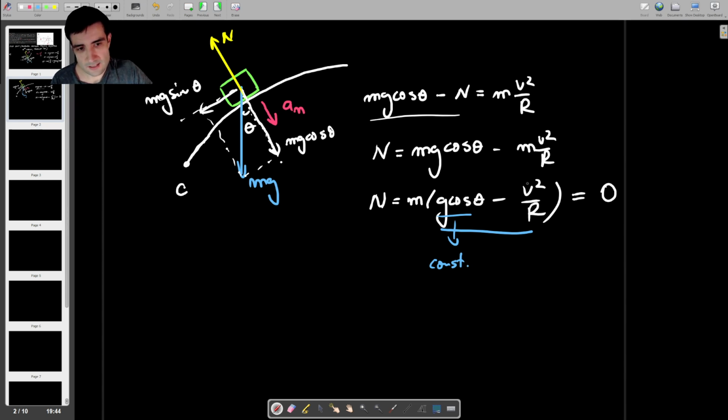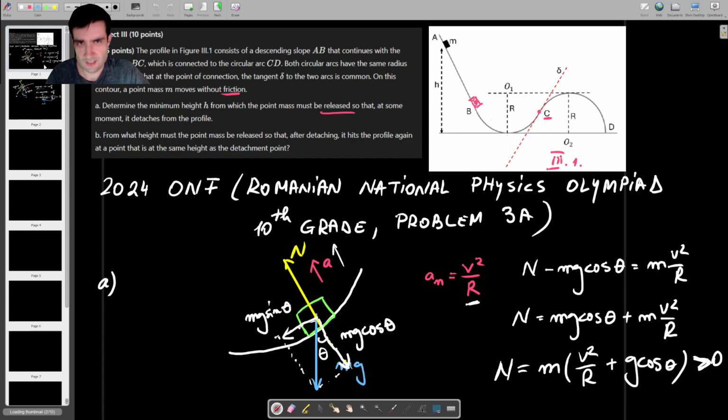But v will change based on the height, and the higher you drop the object from, the higher the velocity for a given angle theta. So eventually, when those two quantities are equal to each other, then the normal reaction force is going to become zero. And that's basically it. So let's try to figure out when this happens. And the easiest way to do this is to use energy conservation.